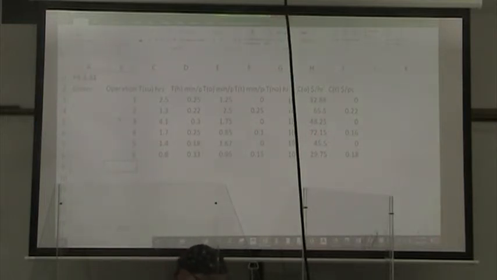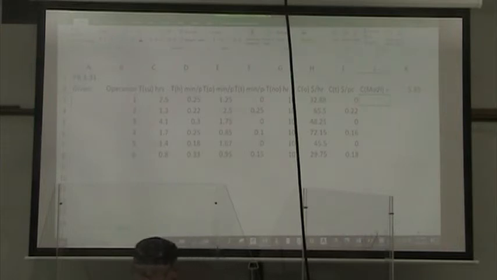All right, what else do we know? Cost of material equals 5.85.